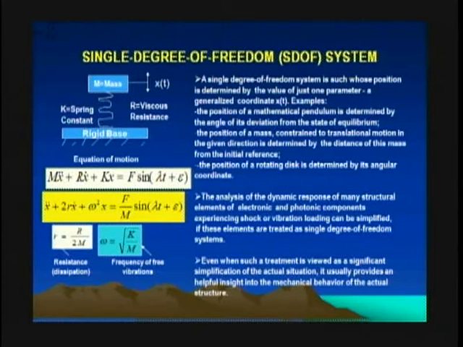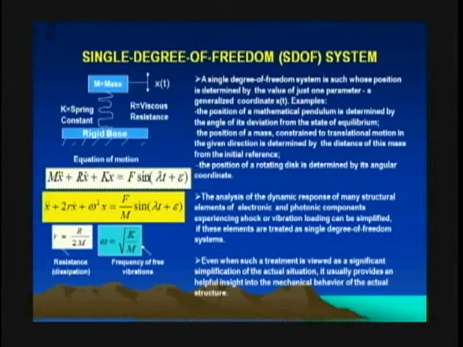People use this type of viscosity to be able to come up with a linear equation. And you see the equation of motion here: the first term is the mass of the system times the acceleration. If you multiply the mass by acceleration, in accordance with Newton's second law, you have an inertia force.